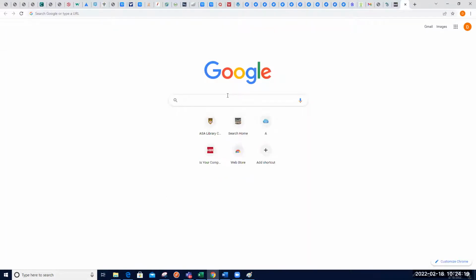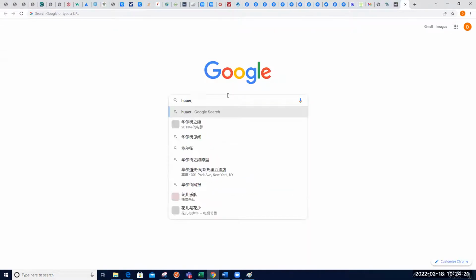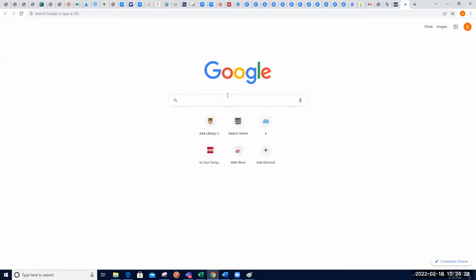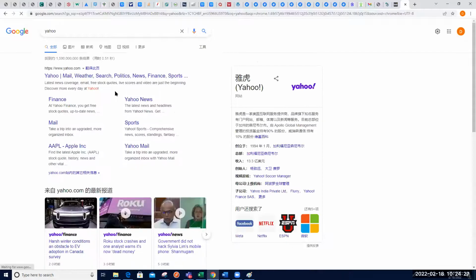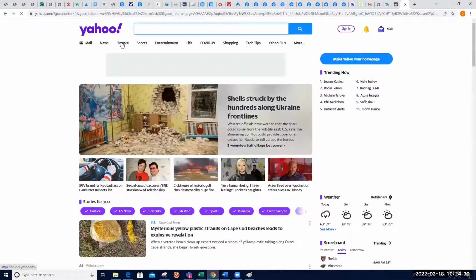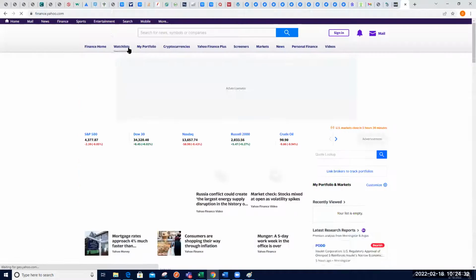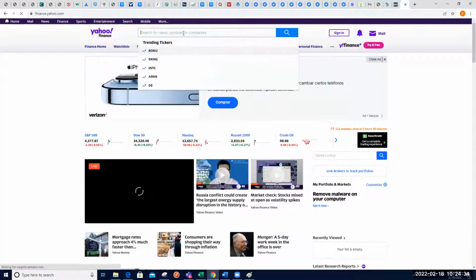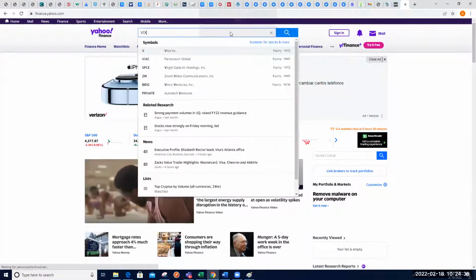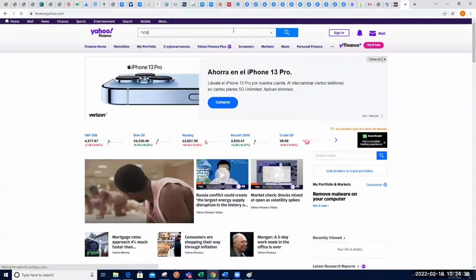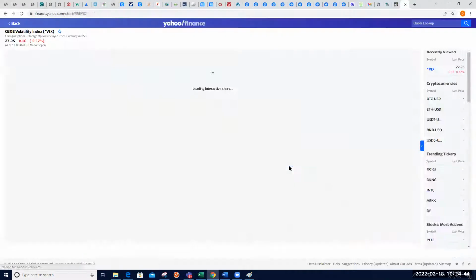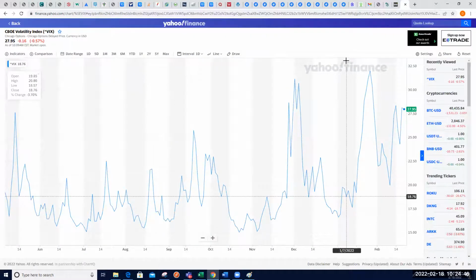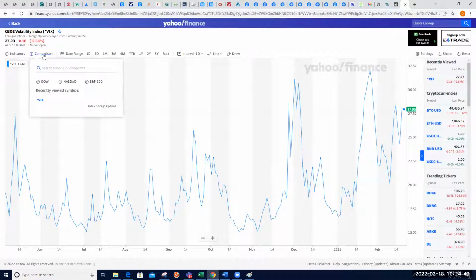Use Yahoo Finance, and then you can bring the VIX and SPY at the same time. Yeah, and then go to full screen, and then comparison on the left side.